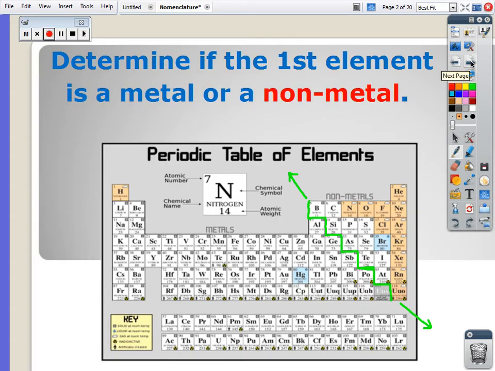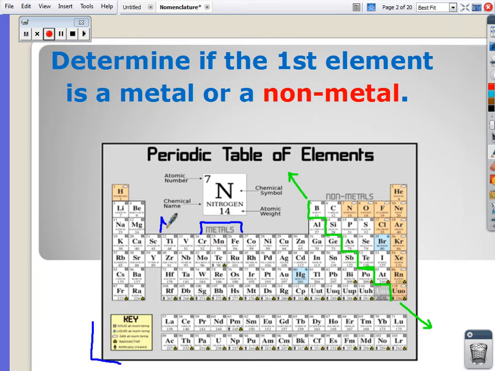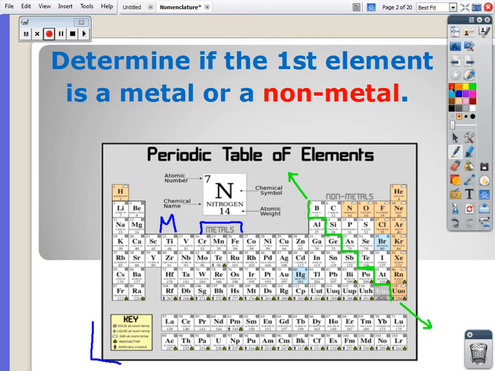Before you begin, you'll notice there's a green staircase on this periodic table. What this does is separate the metals, which live on the left-hand side, from the nonmetals, which are over on the right-hand side.